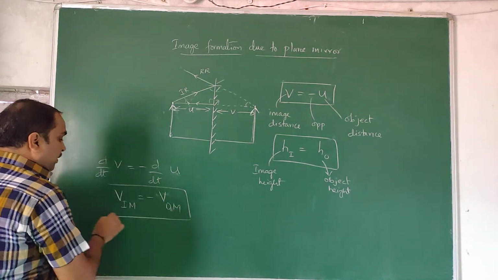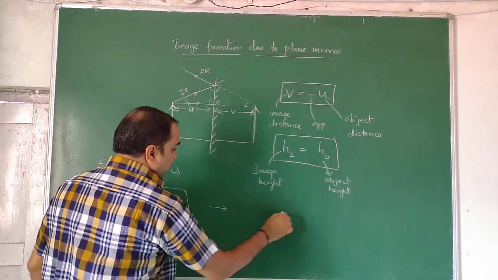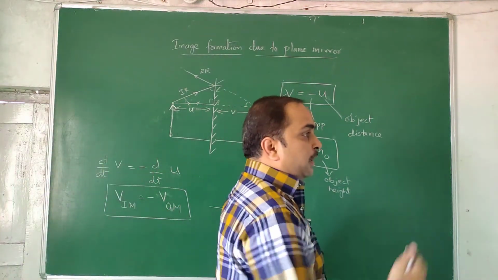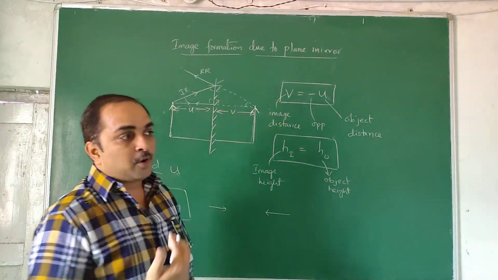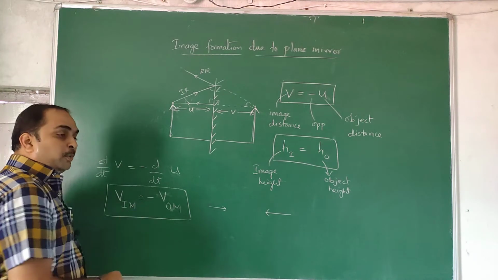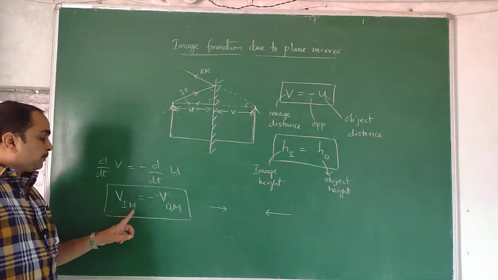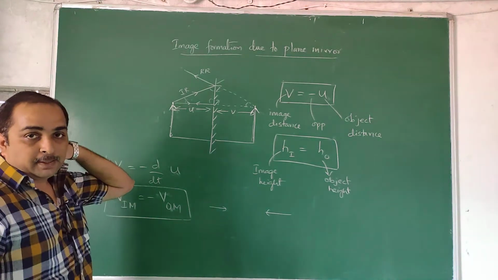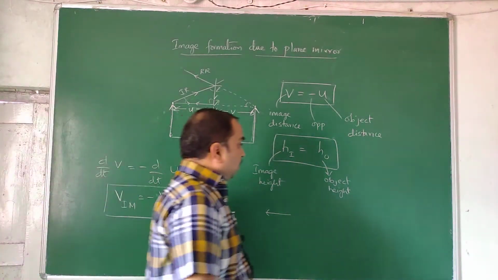This is the formula. That means as you come nearer to the mirror, suppose this is a mirror here and you are going forward, then your image also comes forward. So this velocity and that velocity will be equal and opposite. Velocity of image with respect to mirror is equal to minus velocity of object with respect to mirror.